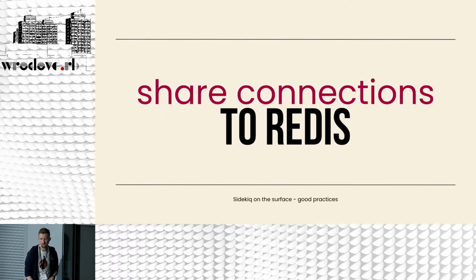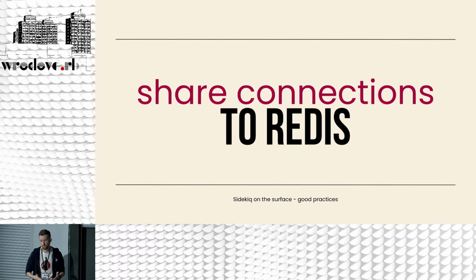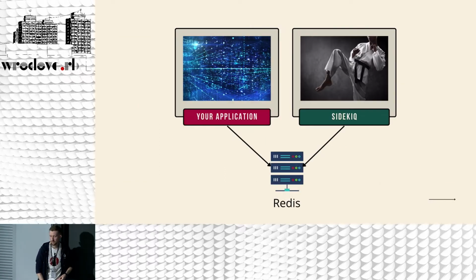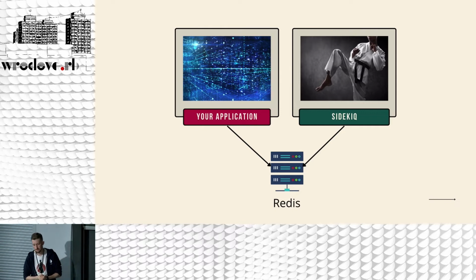The next thing is about the connection to Redis. Of course, if you have a separate instance for your Sidekiq and application, then everything is okay. But imagine that you have one instance, which is a very common case, and your application is not aware of the Sidekiq. They don't know each other, so they are not aware of the connections that you are using, and you can easily run into a problem when the connections are gone.